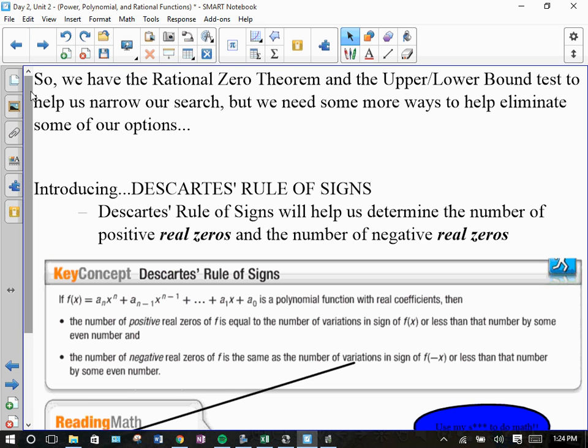So here's what we have. We have the rational zero theorem. Someone tell me, what does the rational zero theorem allow us to do?